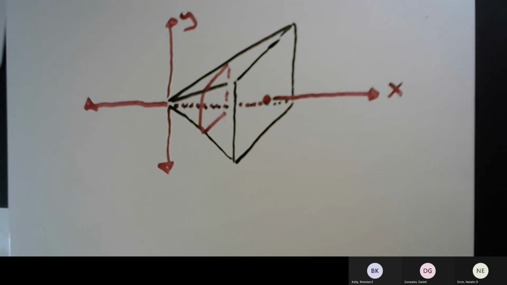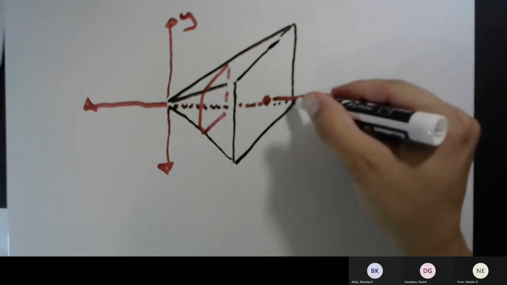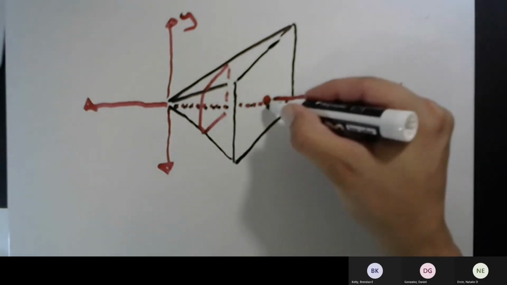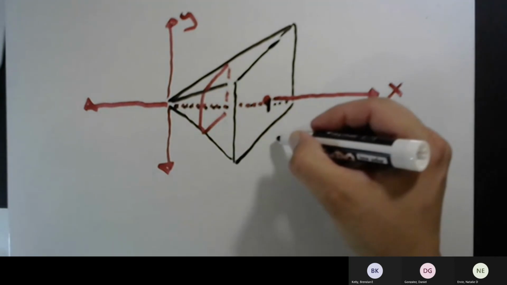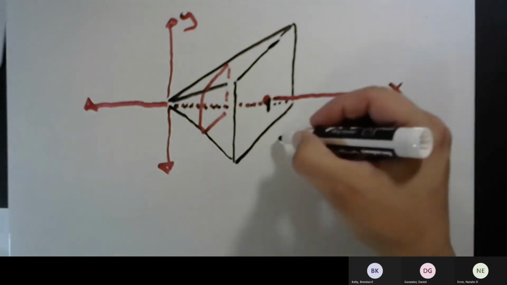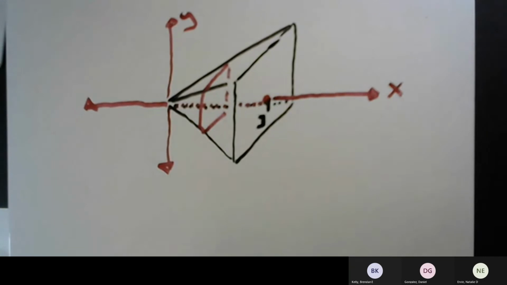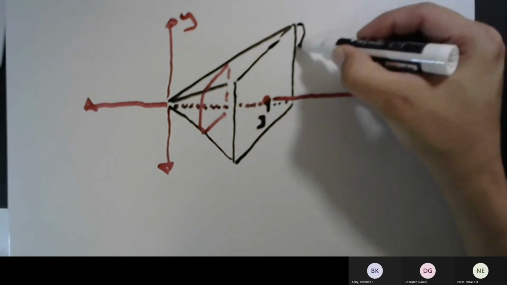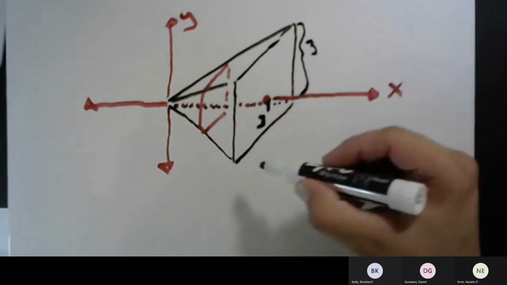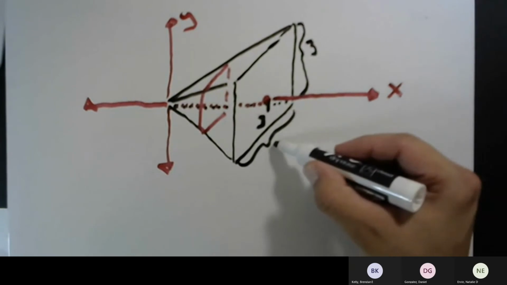Now let's take a look at some of the locations on the x-axis. This pyramid is 3 meters high. So that means where the x-axis pops through, that's x equals 3. So when it pops through at x equals 3, the pyramid is a base of 3 by 3.